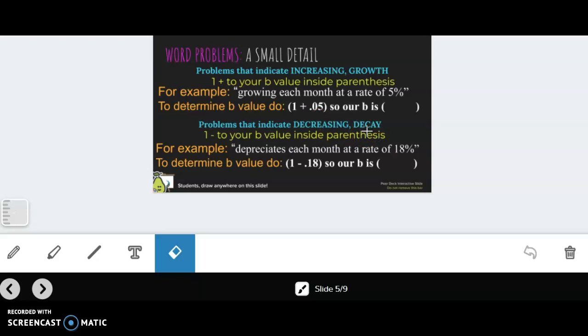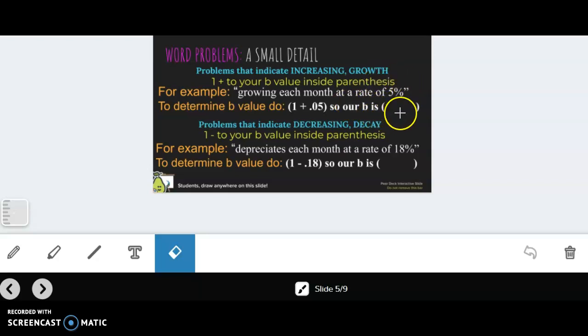So the one that's inside parentheses, right? So if it's increasing or growing, that means that we have to do 1 plus whatever percentage they gave us. Okay? So for example, this one says growing each month at a rate of 5%. I know that it's a growth problem because growing, right?